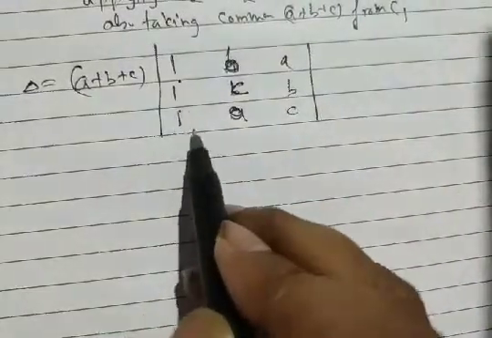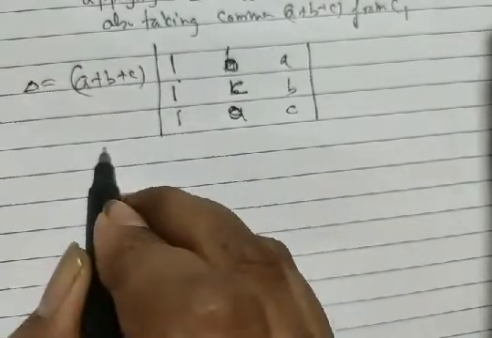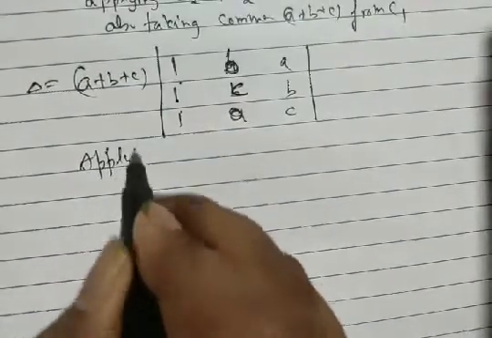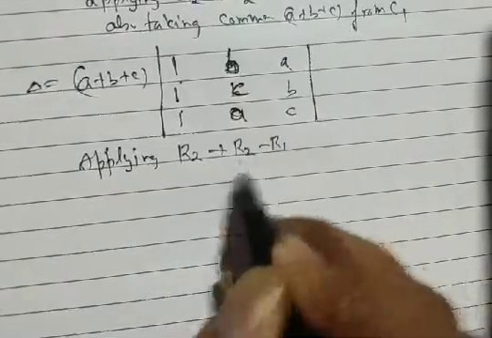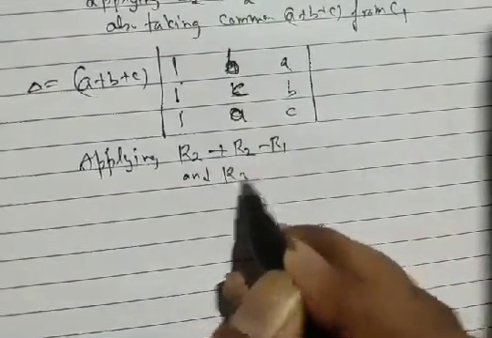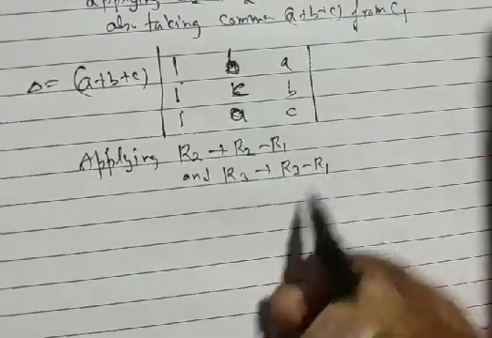Now we again get 1, 1, 1 there. We are going to make two of them 0, applying r2 changes to r2 minus r1, and r3 changes to r3 minus r1.